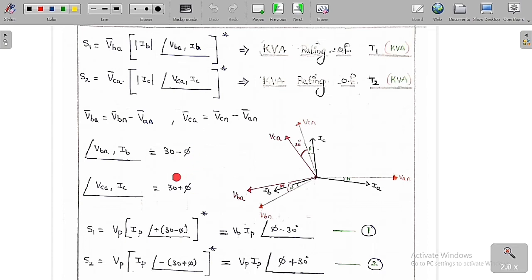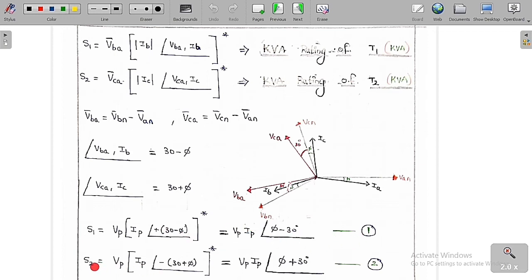Now you can substitute these phase angles in the above relation. We get S1 is equal to VBA, which is nothing but the phase voltage VP, into IP into the angle between VB and IB, which is 30 minus 5, whole conjugate. Conjugate means keep a negative, so we get VP IP into 5 minus 30, equation 1.